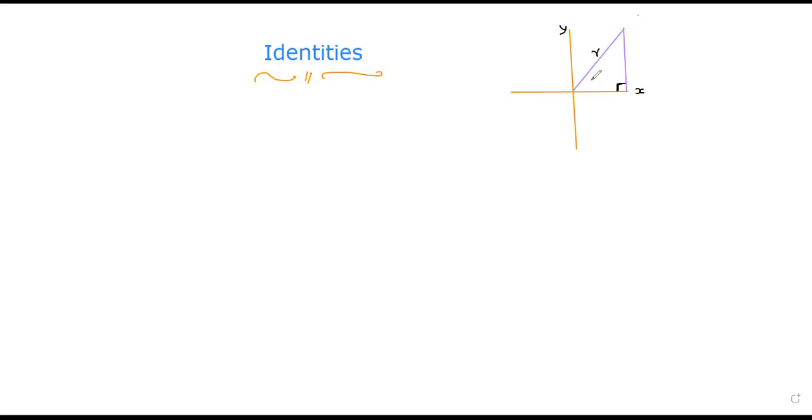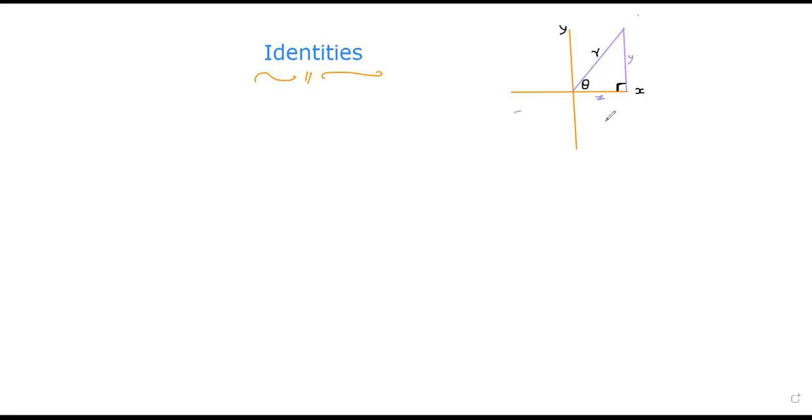Now, call this angle there theta. And then you will appreciate that if this is Y, that is parallel to that. And that means your X will be here.